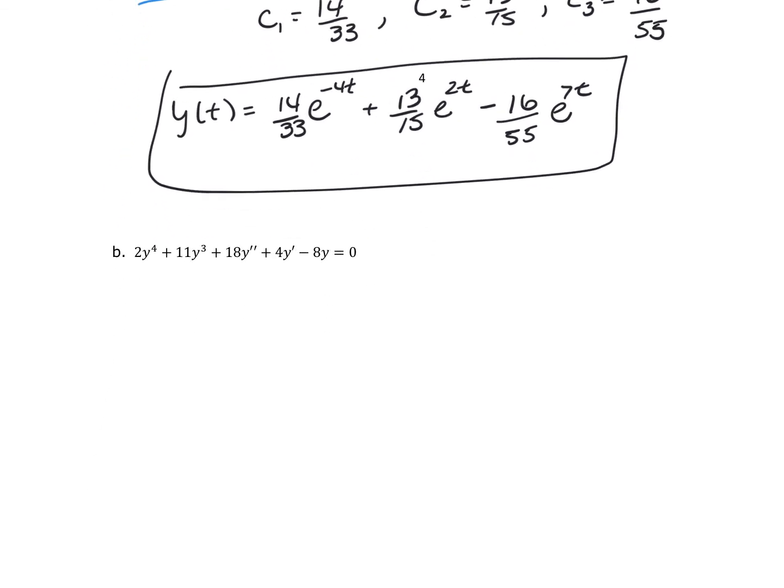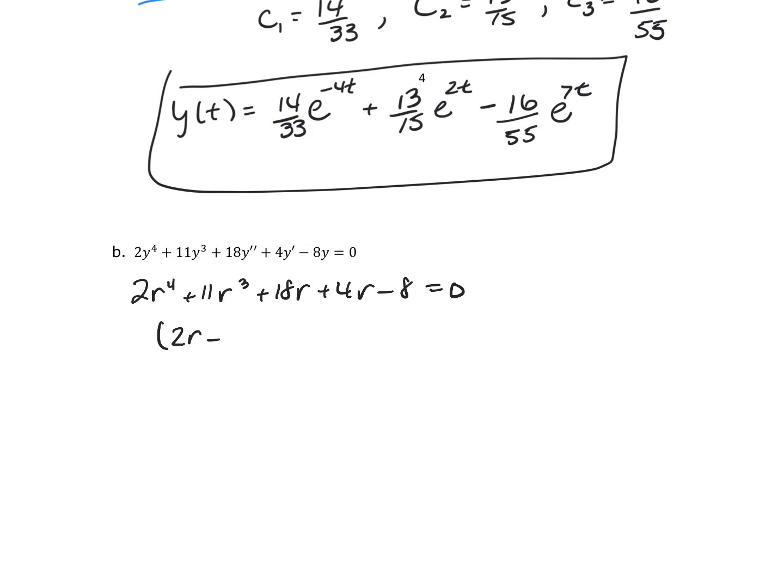Let's take a look at one more example. My characteristic polynomial is 2r to the 4th plus 11r to the 3rd plus 18r squared plus 4r minus 8 is equal to 0. And again, you're going to solve this using your pre-calculus 2 skills and solving by factoring.